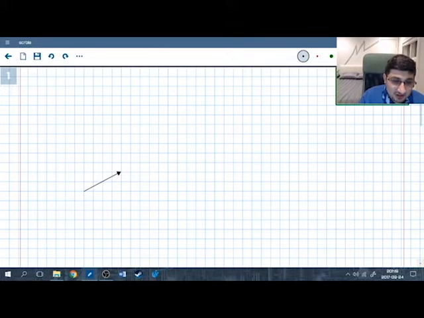First of all, since we're working in a two-dimensional grid, we need a vector with two components. These two components are obtained by starting from the first point. The first component counts how many units to the right or to the left we're going, and then the second counts how many units up or down we're going.